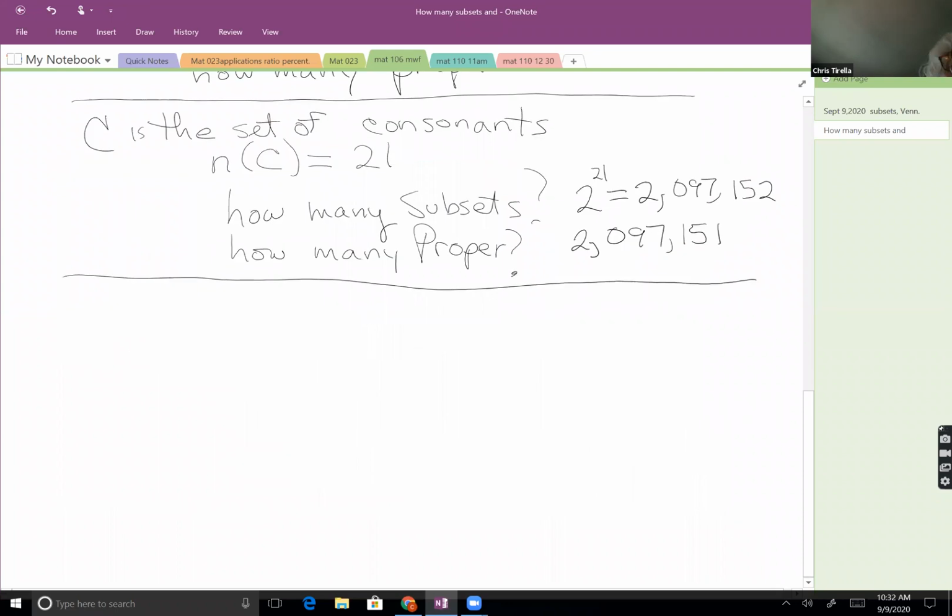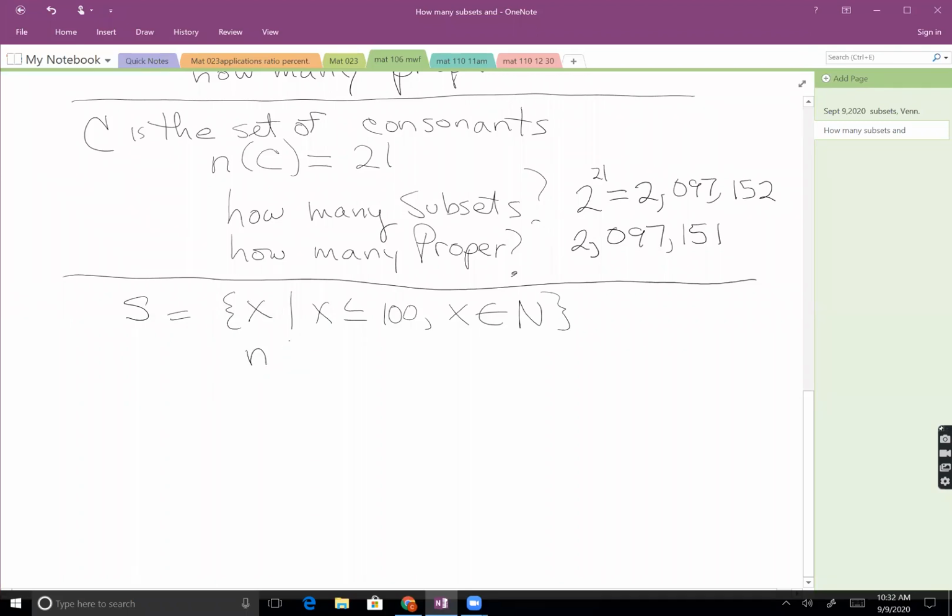I'd like to look at one more of these. This time, let's say S is the set of all x such that x is less than or equal to 100 and x is a natural number. First thing I want to know is what's the cardinality of S?